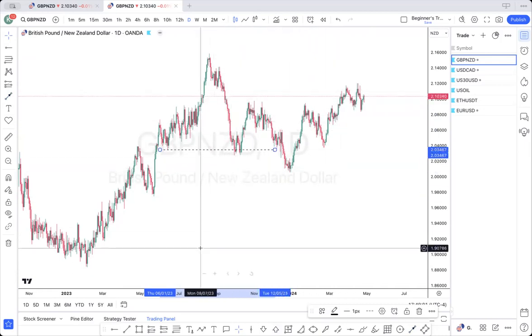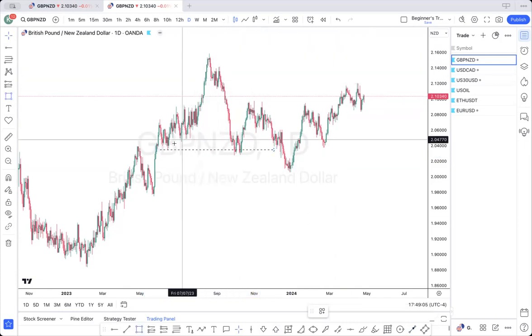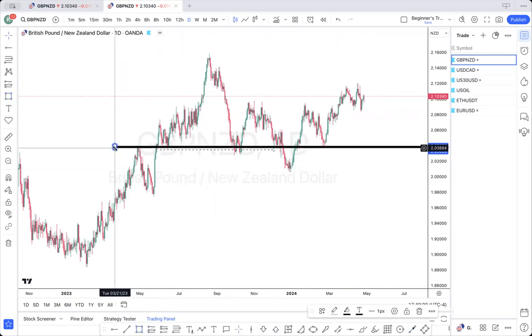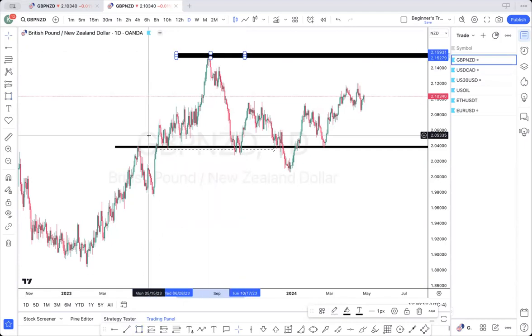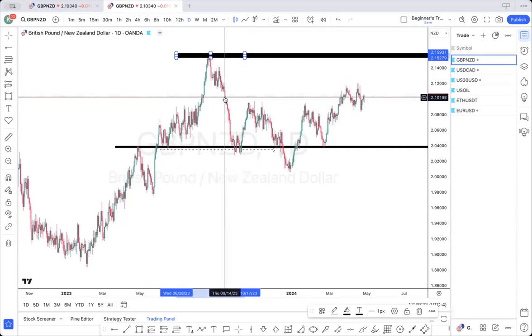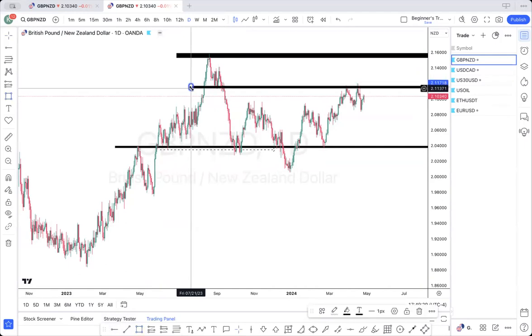Okay. So if I mark up my daily key levels, meaning this was a key level here. So you can mark up this high, but then there was also a push down and a push up and then it broke structure. So I would mark up this little zone right here.